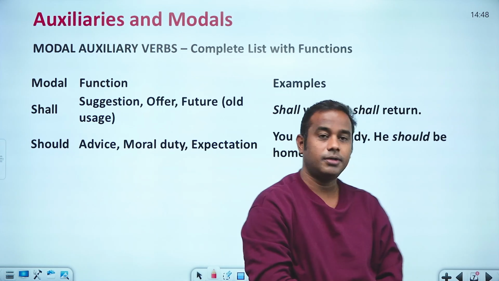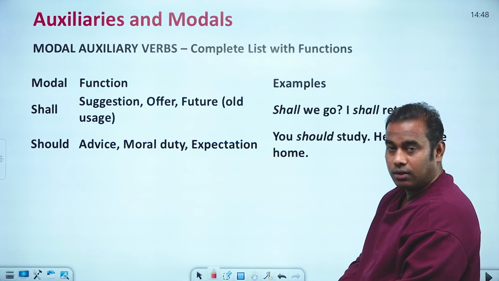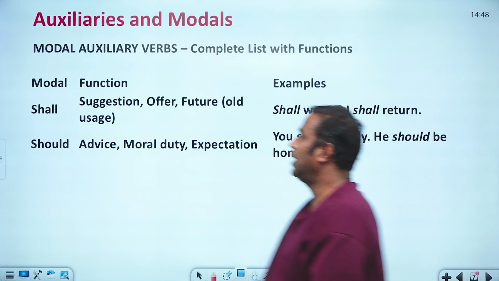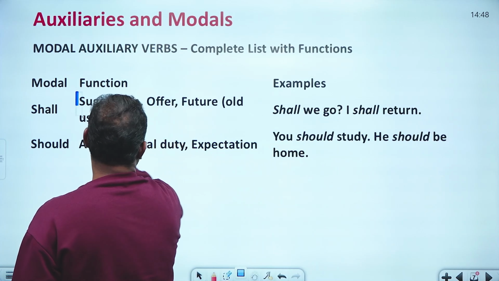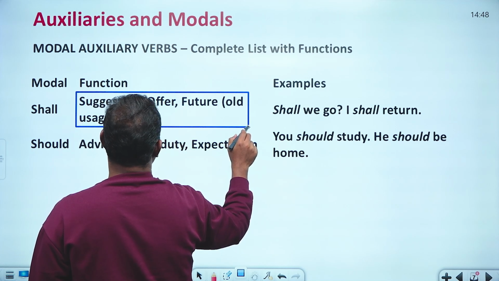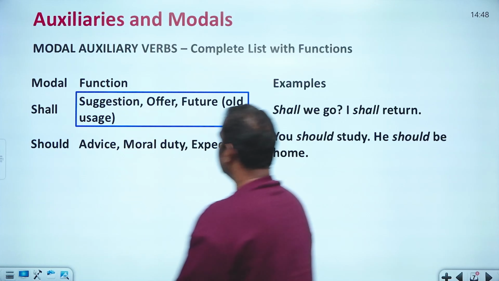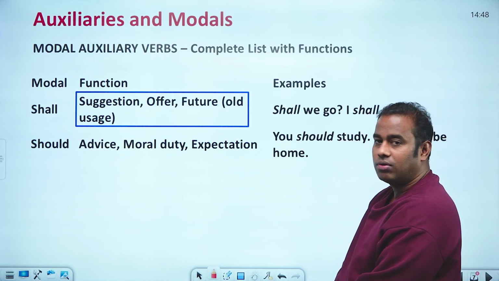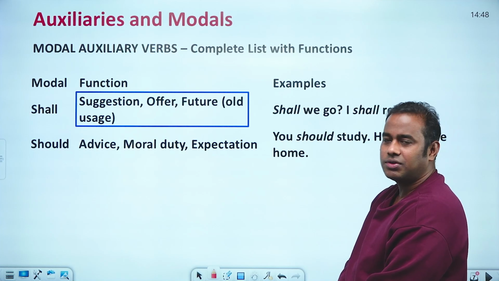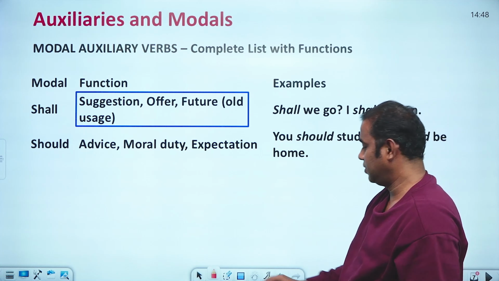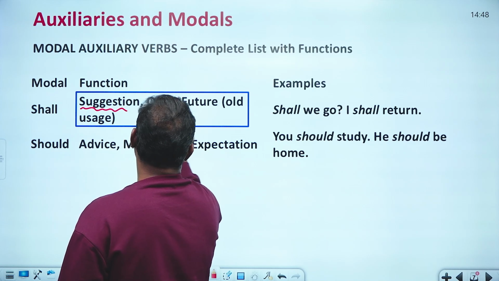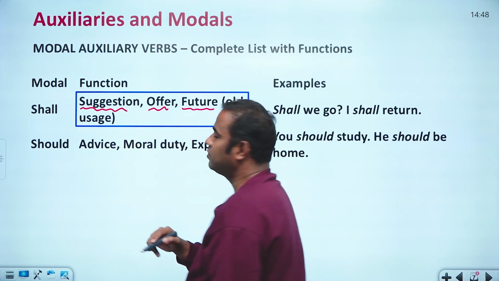The next one is shall and should. Where do we use shall? Shall is basically used whenever you are giving suggestions, offers, future, like old usage. Shall is not used that much, but generally we use it for suggestions and offers, or when you are going to express some future usage.